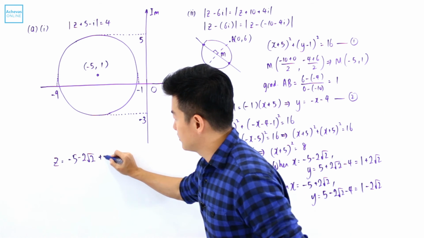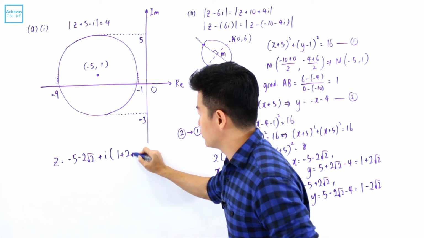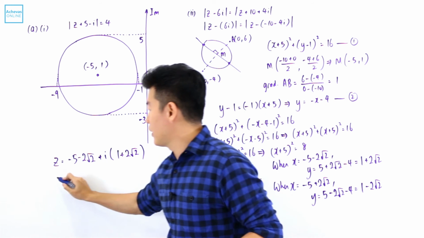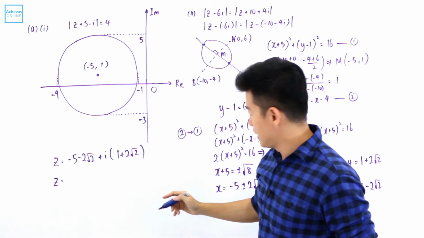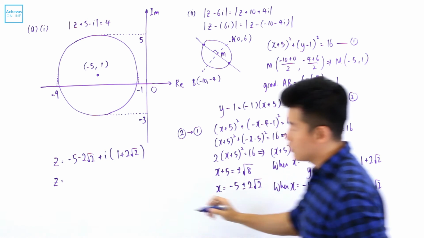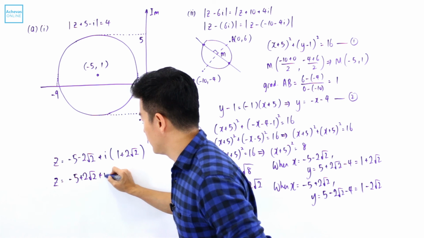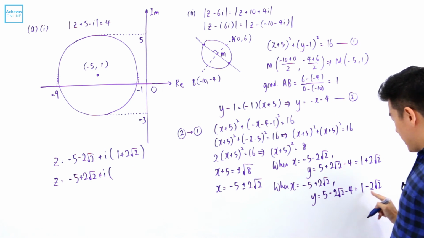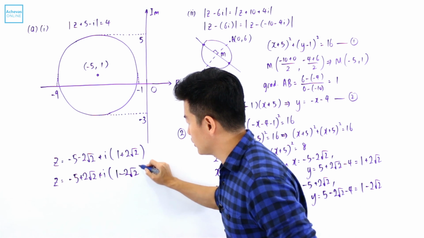So it is this plus i of 1 plus 2 square root of 2. And the other possible z that is going to satisfy these two equations is when the real portion is minus 5 plus 2 square root of 2, so minus 5 plus 2 square root of 2 plus i of 1 minus 2 square root of 2.